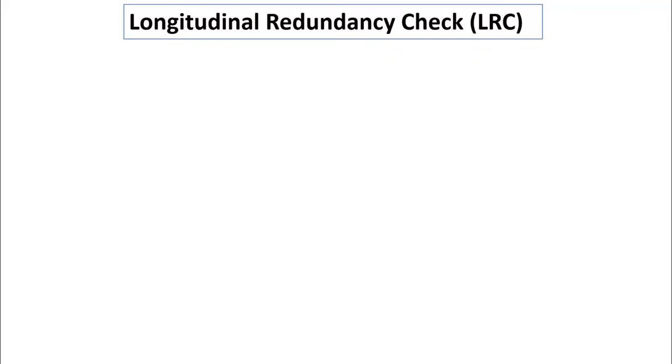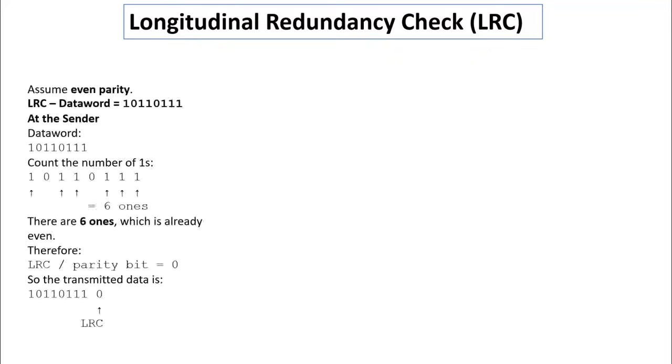I can view this in two ways. One, longitudinal redundancy check, LRC, and the other, vertical redundancy check, the VRC. Let's see small examples with LRC and VRC. Let me take a data word 10110111. At the sender, count the number of ones row wise.